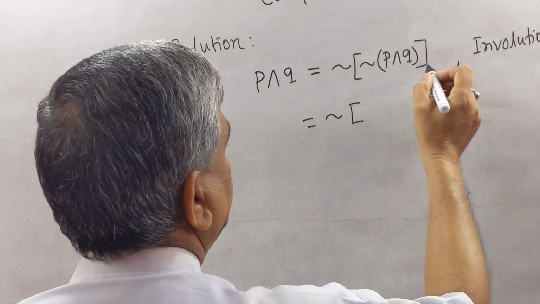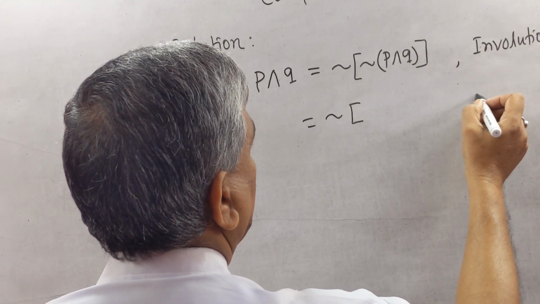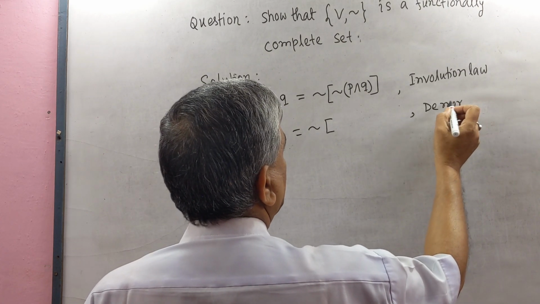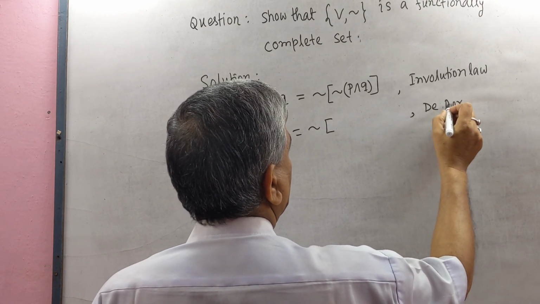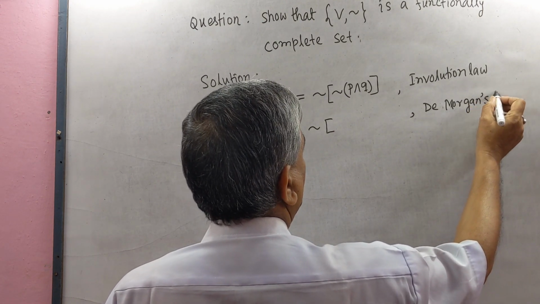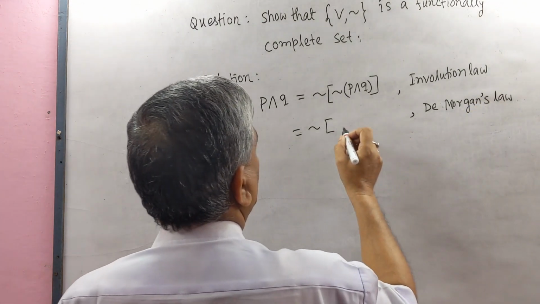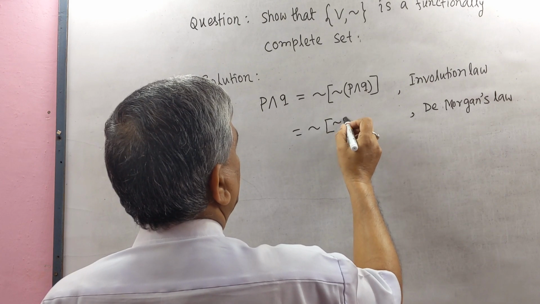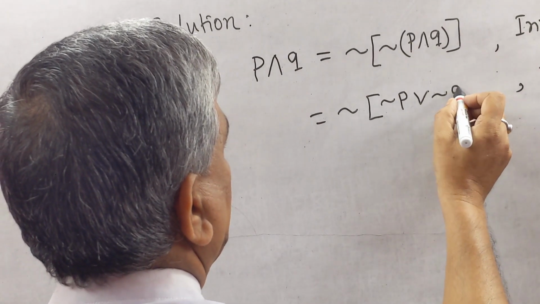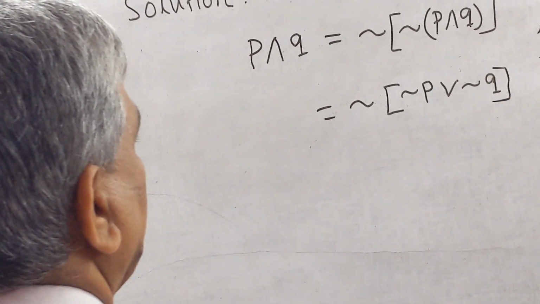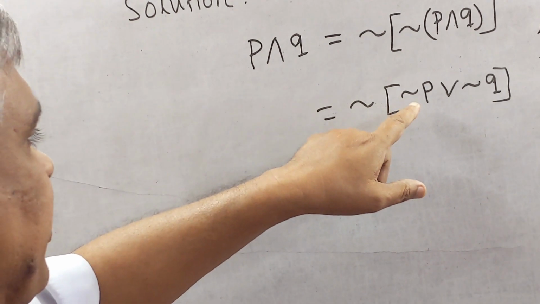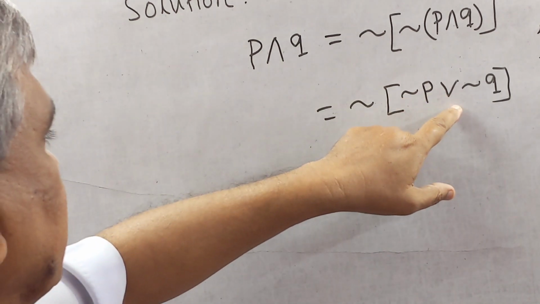Now we use De Morgan's law: negation P disjunction negation Q. Here we see that only two types of connectives, negation and disjunction, appear.